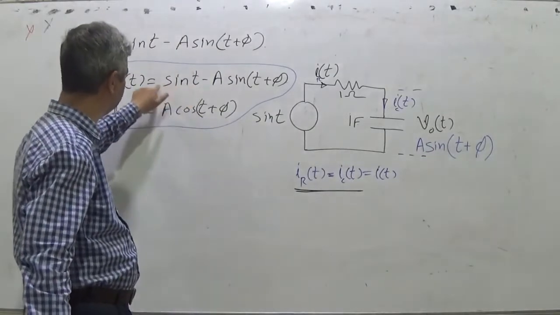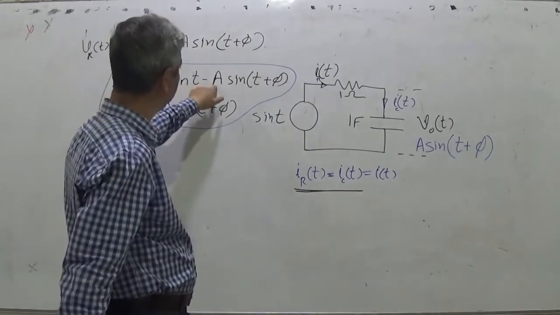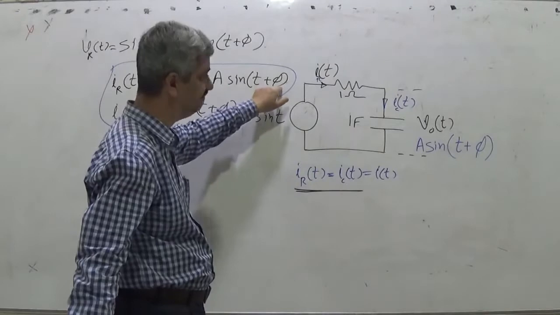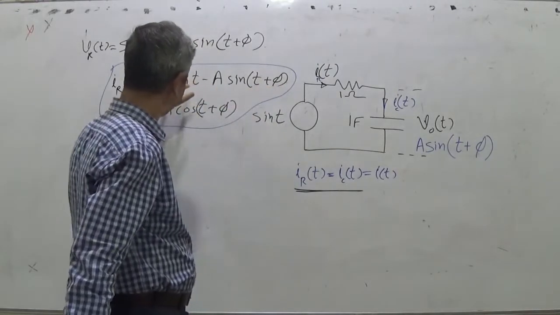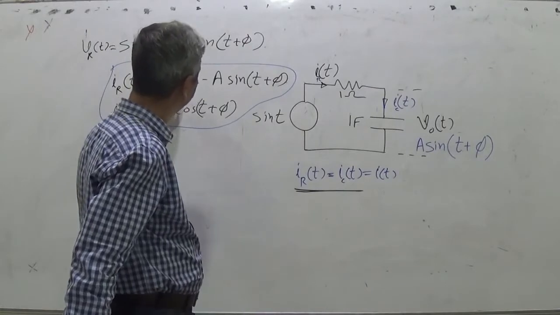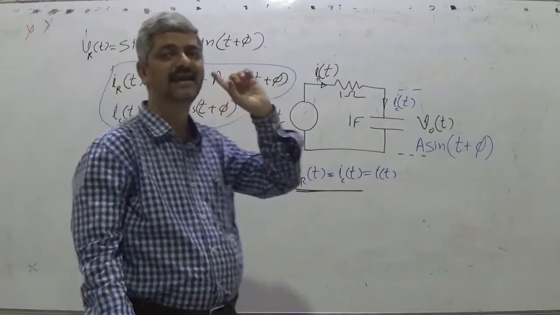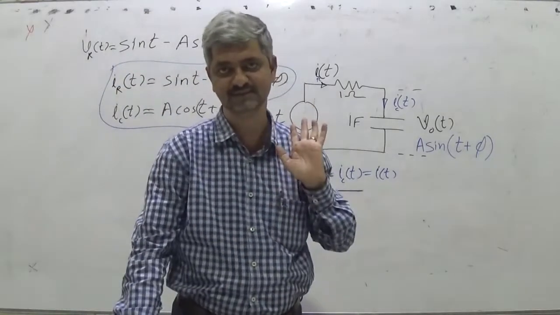Sin t is 1 sin t plus 0, minus A sin(t + φ). So sin plus sin will again be a sine.